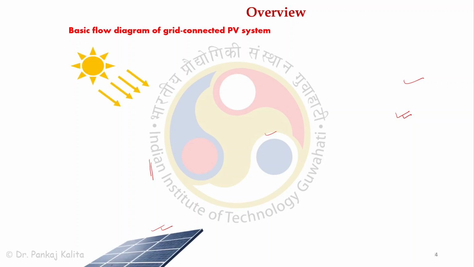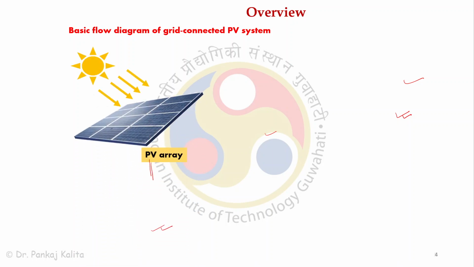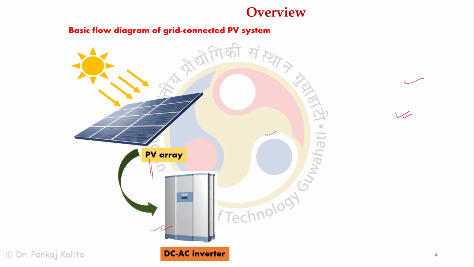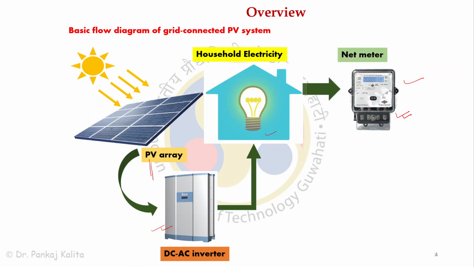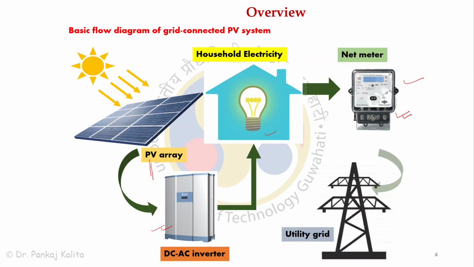These are the basic grid connected PV systems. There is a photovoltaic array, then a DC to AC inverter, and it provides electricity to the household. This household has a net meter. Net meter means whatever extra you are producing, it is fed to the grid. Whatever extra you sell to the grid gets deducted from the electricity bill that the distribution company charges you.